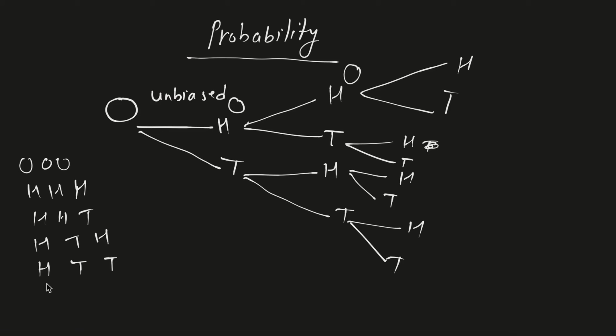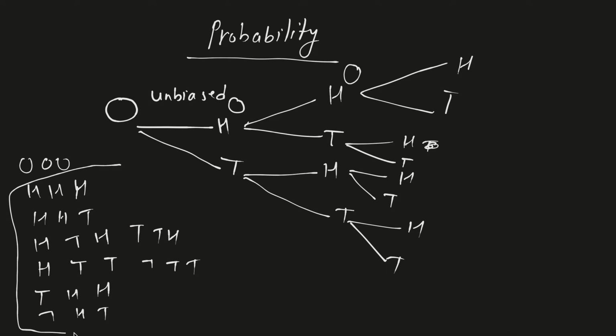So 4 of them, and then we'll have 4 more, right? So it's going to be tail, head, head; tail, head, tail; and then tail, tail, head; tail, tail, tail. So we have a total of 8 different outcomes when we flip the coin 3 times.